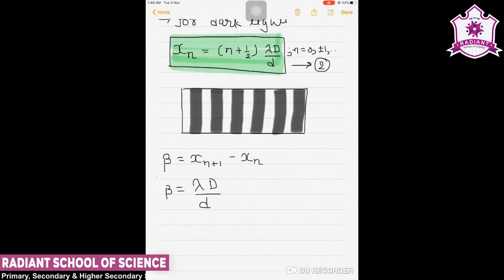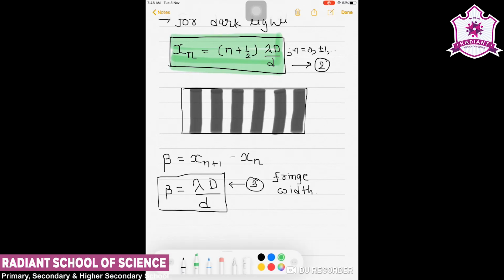So this is called the fringe width. The equation of fringe width is given by equation number 3, and we can use this equation for that.